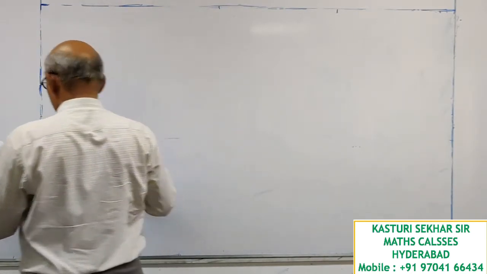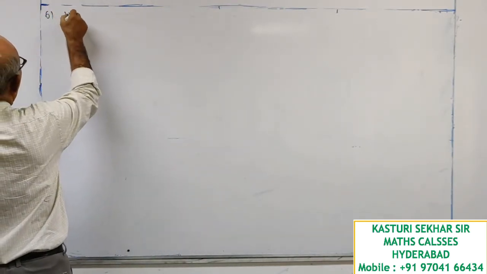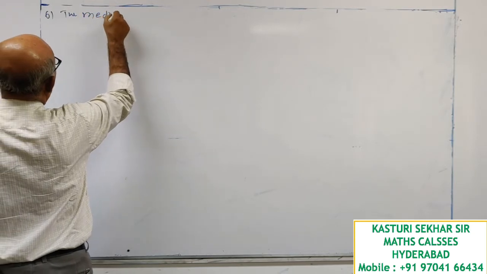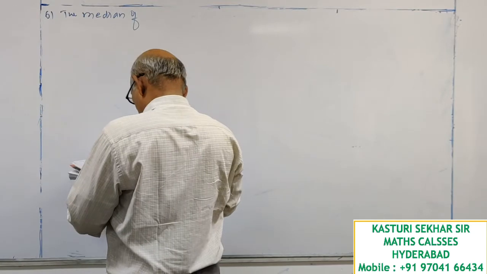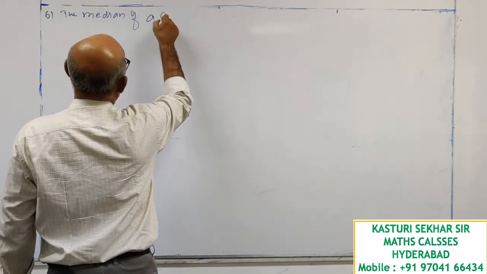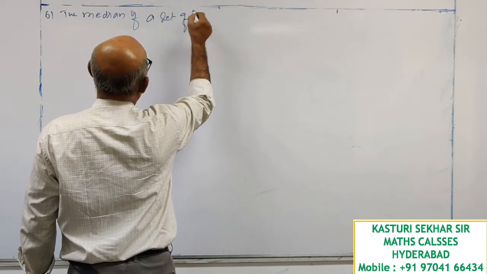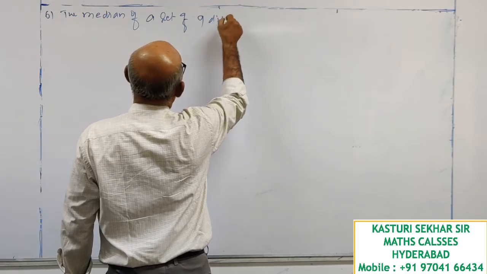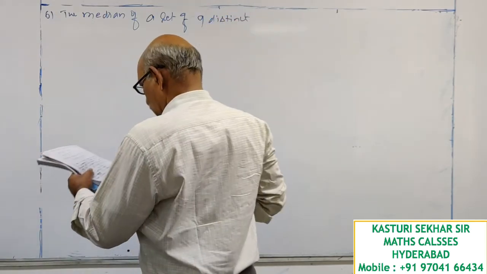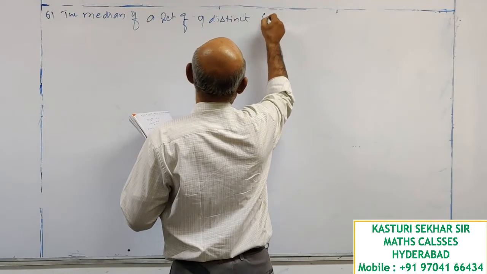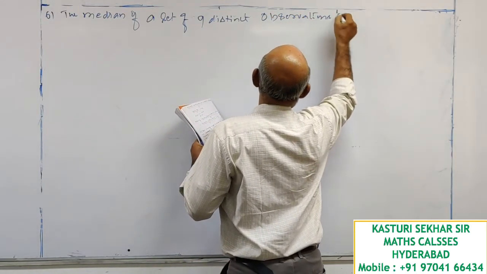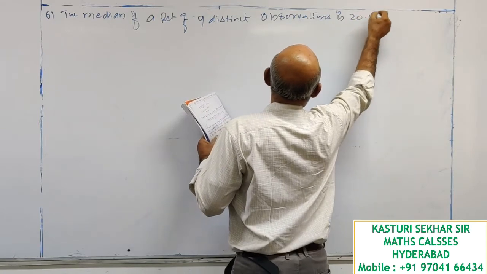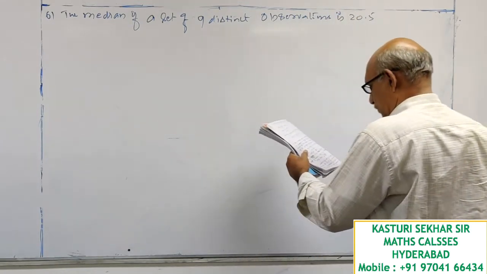The median of a set of nine distinct observations is 20.5.